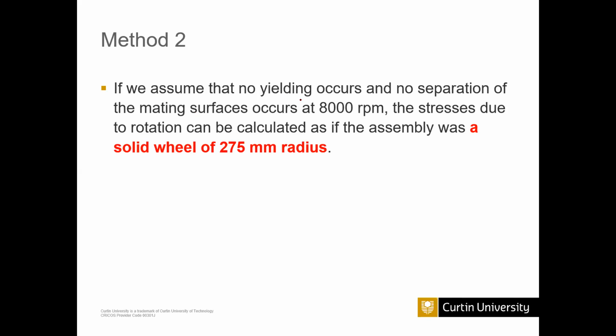So no yielding, no separation of the mating surface at 8000 rpm, because when it rotates, if there is a compound cylinder, assume there are two cylinders together, the expansion of the cylinders due to rotation can be different. Due to that, there can be some tolerance in the gap. So we assume there is no separation.